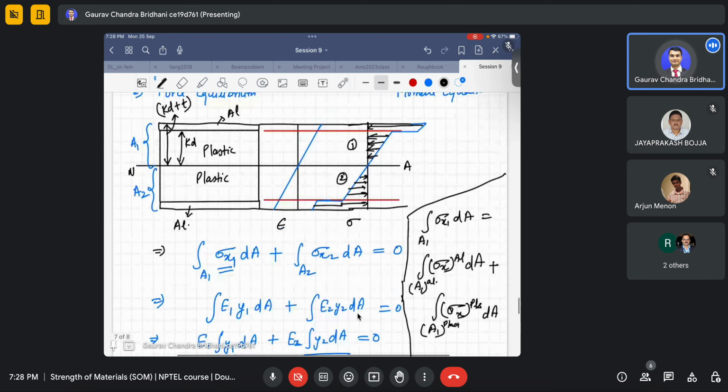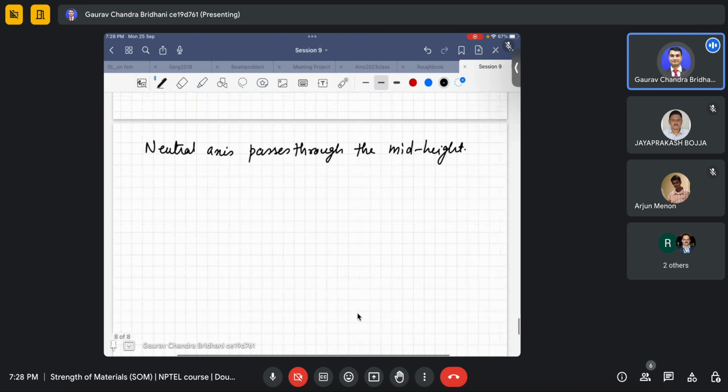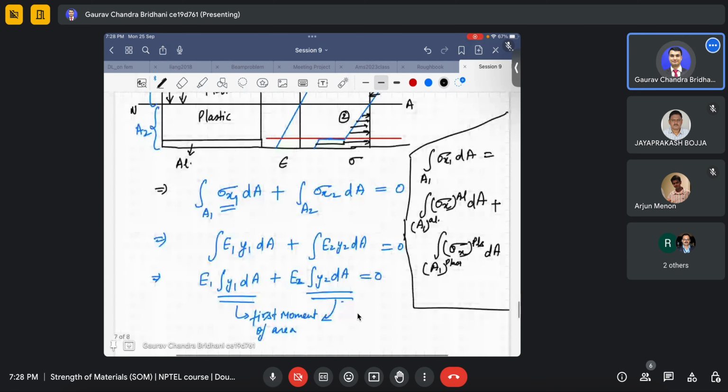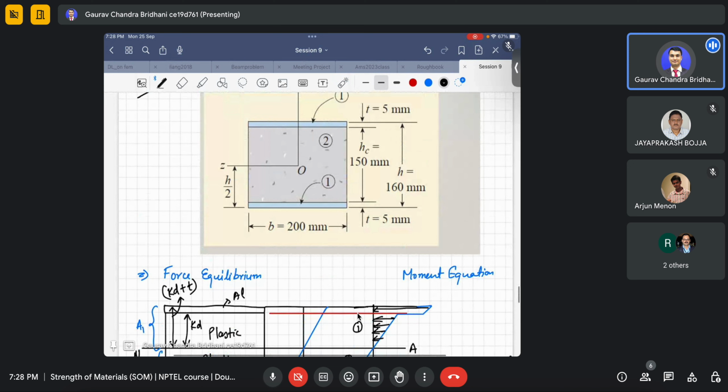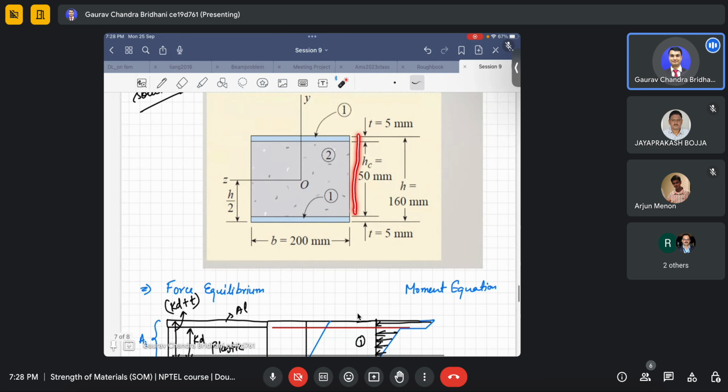Okay, that means the total depth is given, I think 160. So this will pass along with z, wherever z is written, that will be the neutral axis, and it will be nothing but 80. So this distance will be 80 from the top, and from the bottom it will be I think 75, half of 150.